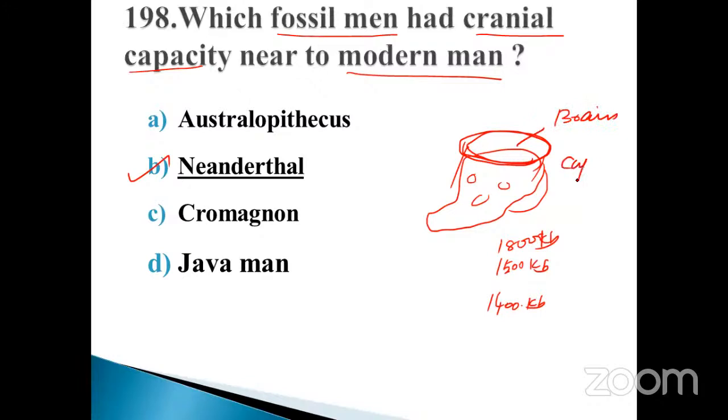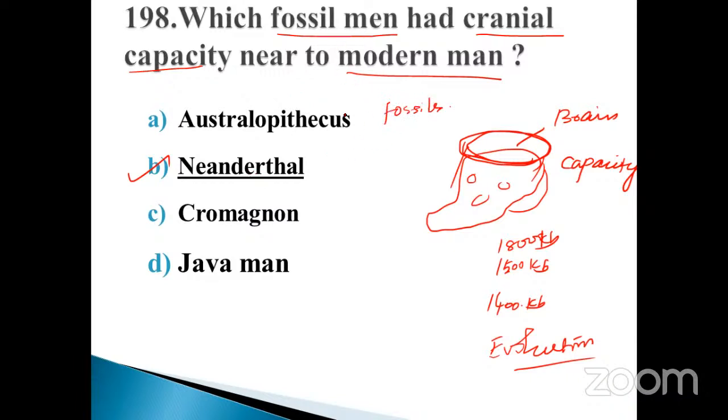This part comes under the heading of evolution. The other fossil men have less capacity compared to modern man. Neanderthal is also related to modern man, because they are all fossils.